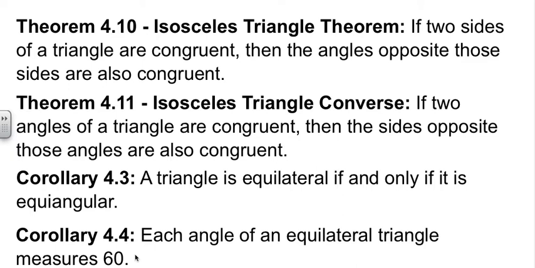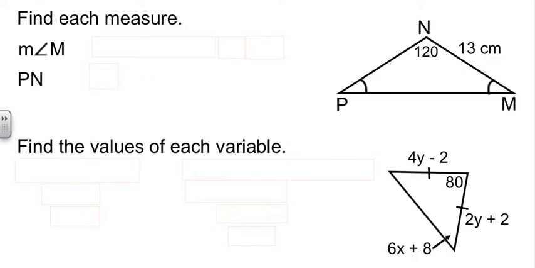They're all equal, so 180 divided by 3 is 60 degrees for each one. And if you don't remember that corollary, you can always figure it out just like we just did.